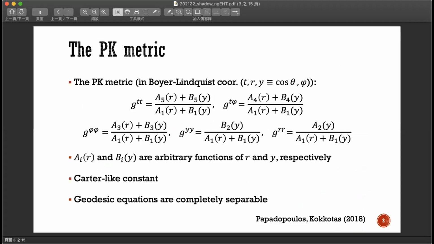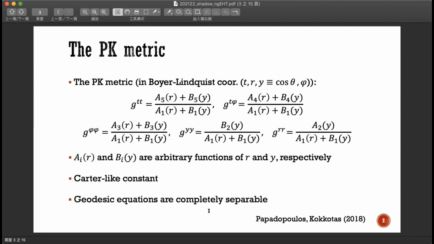In addition to constructing a solution without Z2 symmetry, I also want to preserve the existence of a Carter-like constant in the spacetime. This is essentially associated with a very important symmetry, the Killing tensor. This also implies that the geodesic equations of this spacetime are completely separable.